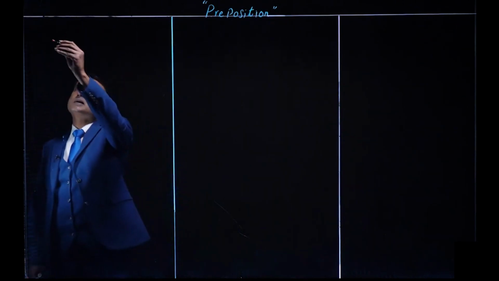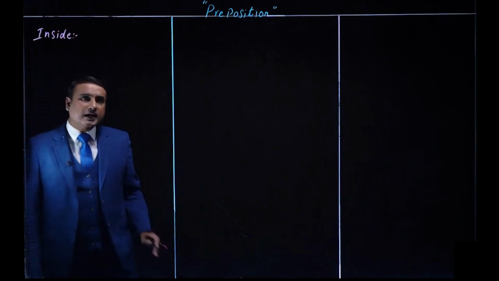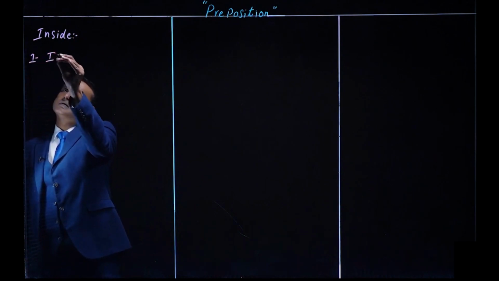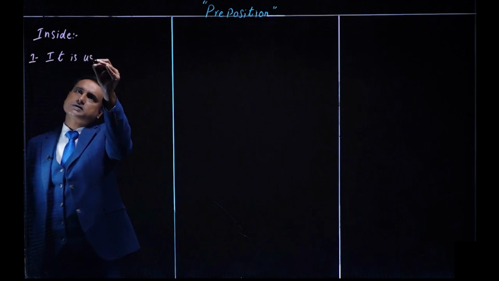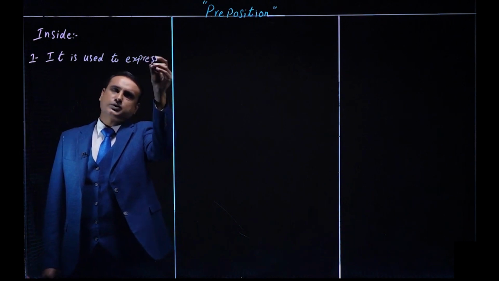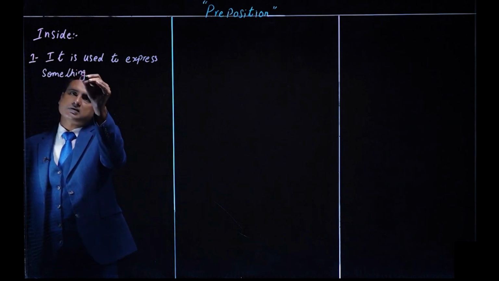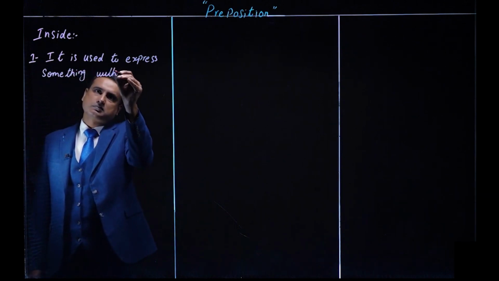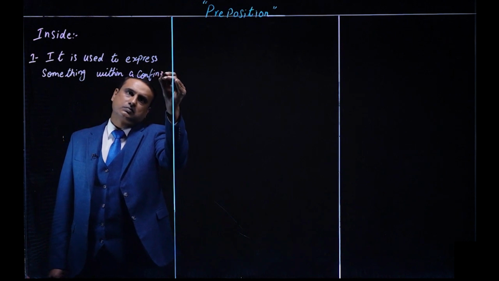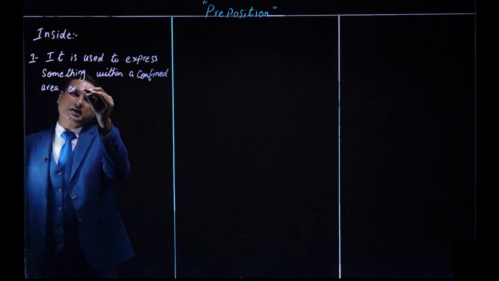Next preposition जो हम करने जा रहे हैं मेरे बेटे, that is inside. Now inside, at the first place, it is used to express something within a confined area or time range.